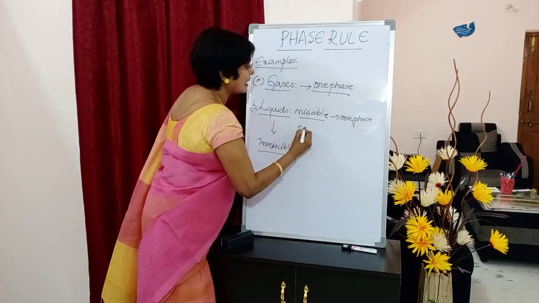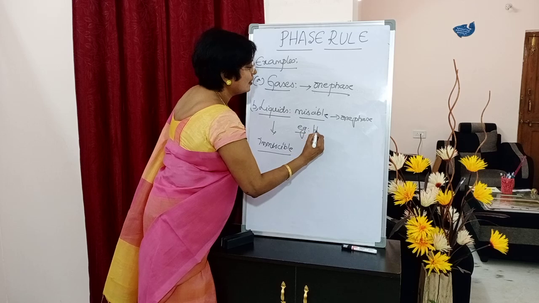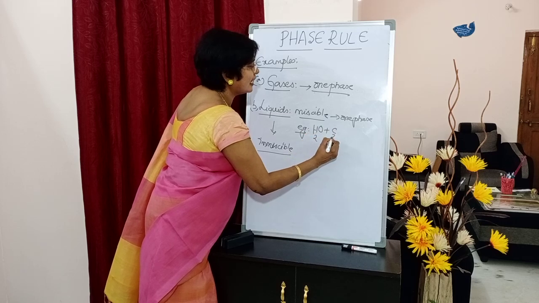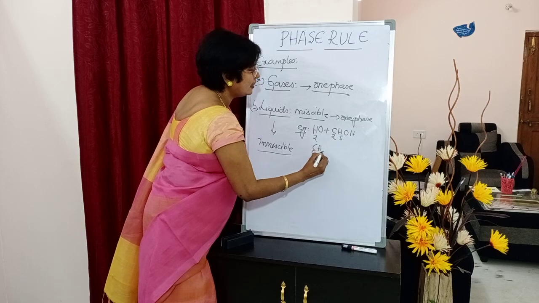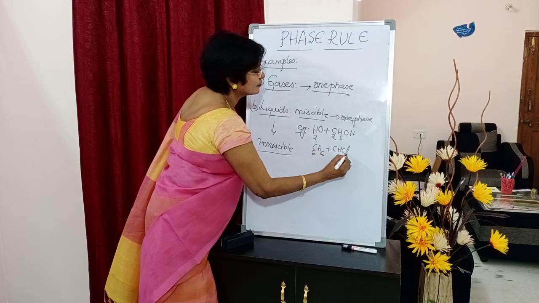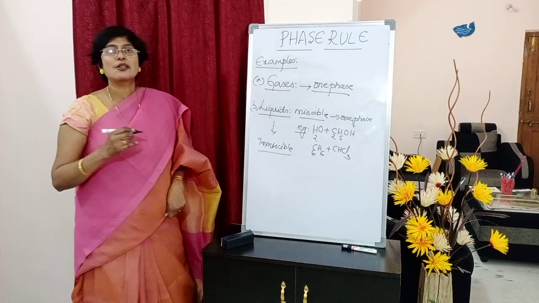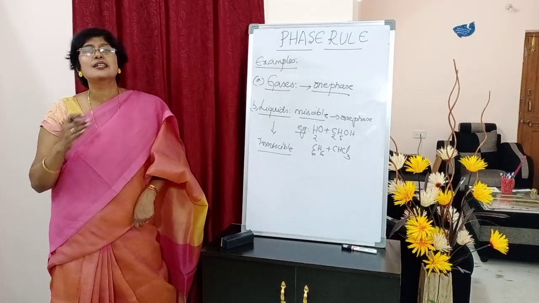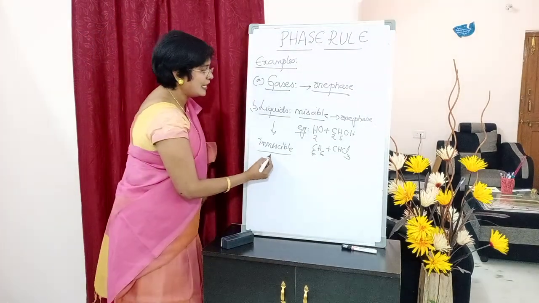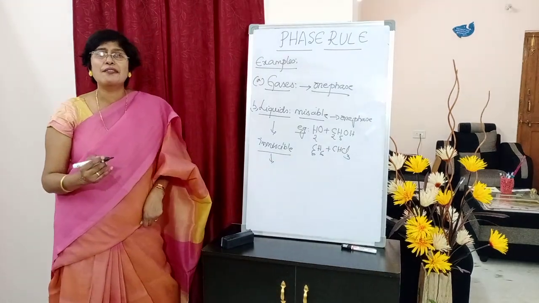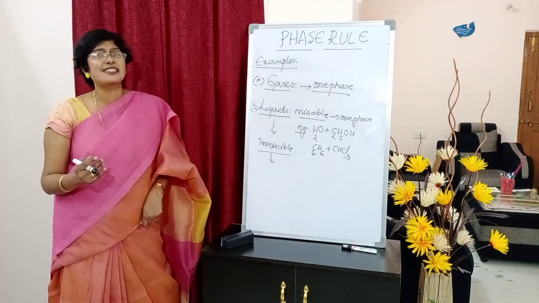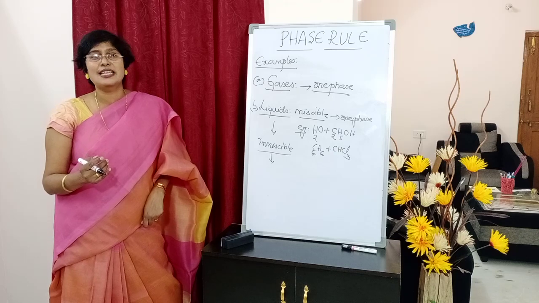For example, water plus ethyl alcohol or benzene plus chloroform. So miscible liquids constitute one phase, whereas for immiscible liquids, depending upon the number of liquids present in the system, we can count the phases.